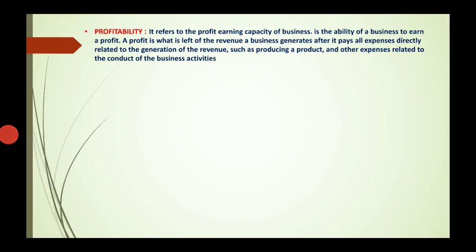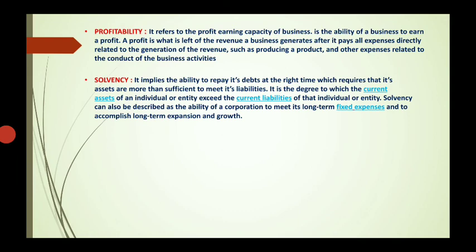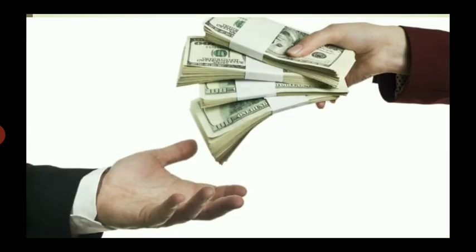activities. Next term is solvency. It implies the ability to repay its debts or loan at the right time, which requires that its assets are more than sufficient to meet the liabilities.